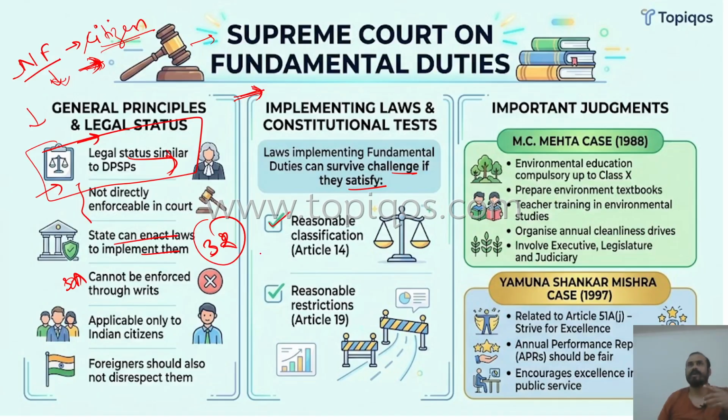That means a reasonable classification can be based on the ground of disability. Similarly here, there were reasonable restrictions on Article 19. So if the Parliament passes a law implementing any provision mentioned in fundamental duties, and if these two clauses, reasonable classification and reasonable restrictions, are satisfied, then the Parliament can bring a law.